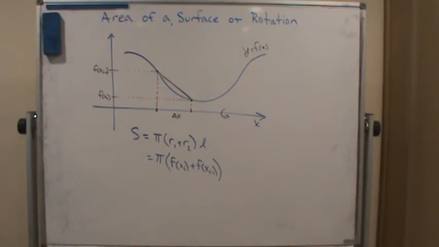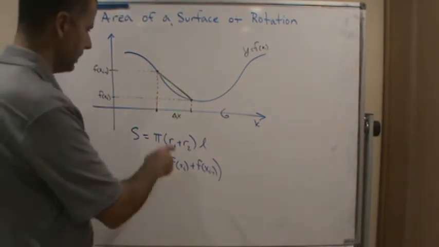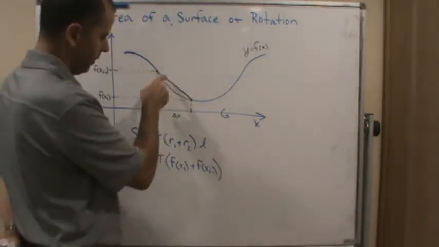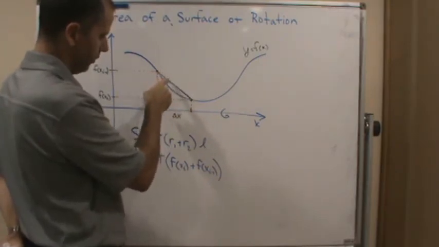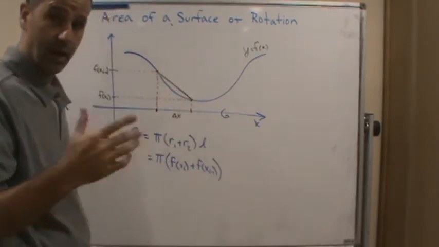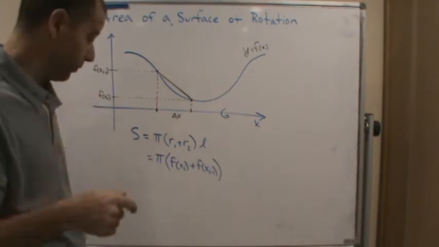And now, what about the L? Well, that's the slant length of this part of the cone. But that's just the arc length, right? That's what we did with arc length.